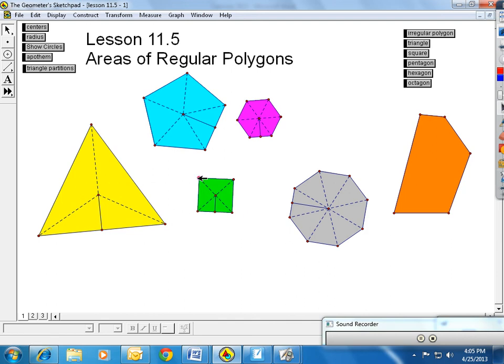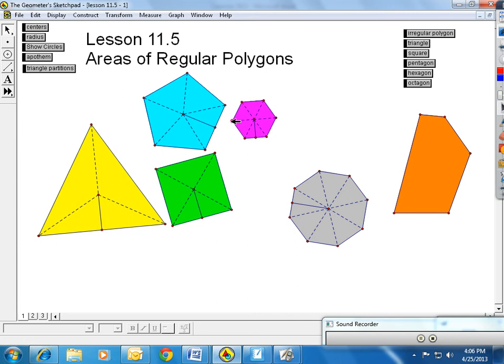If you're dealing with a square, we've got so many ways to find the area that it's not too much of a challenge. But what is true about these triangles? They are 45, 45, 90s. So that easy right triangle is going to be used.